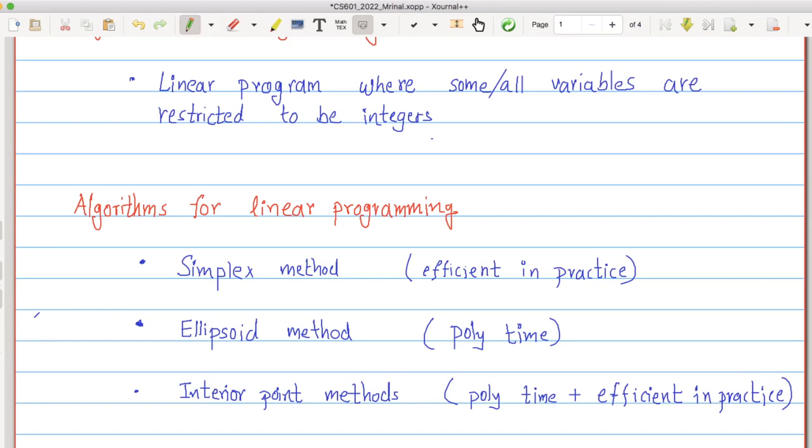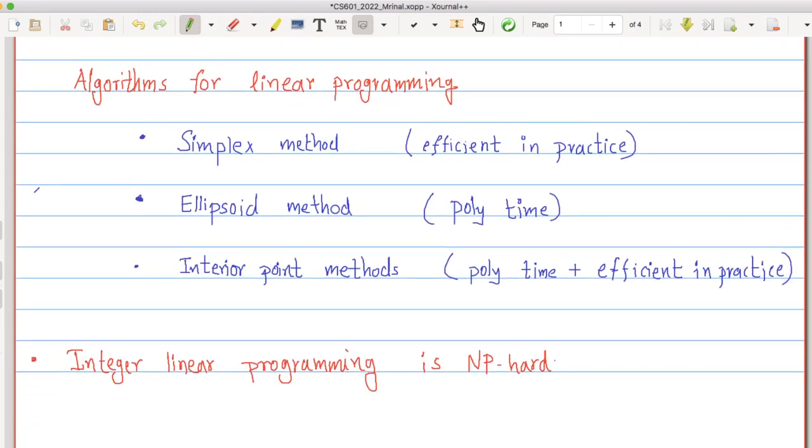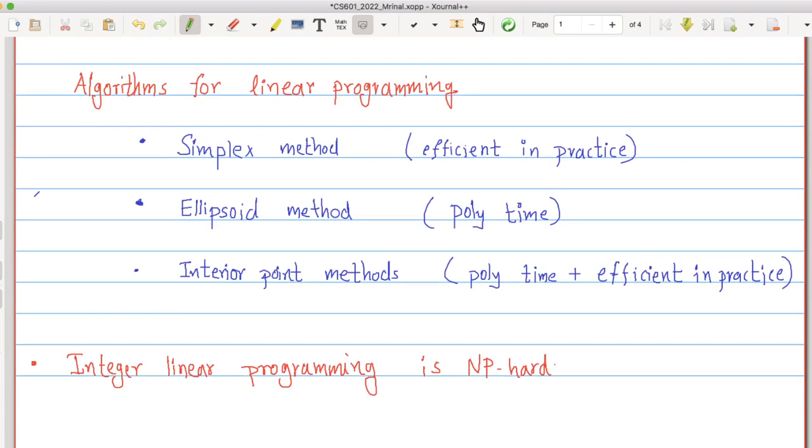There is ellipsoid method, which is polynomial time but not so good in practice, and then there are interior point methods which are theoretically in polynomial time and also work well in practice, right? And on the other hand, integer linear programming is NP hard, so we don't expect an efficient algorithm for it.